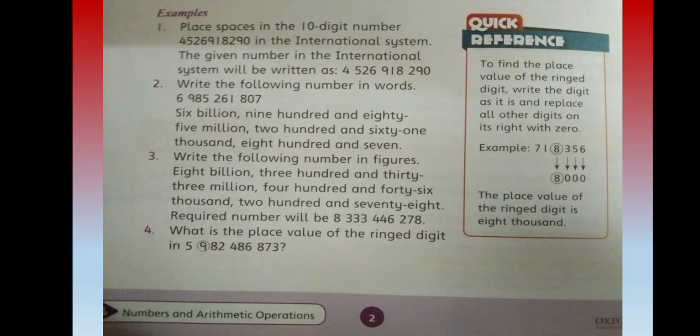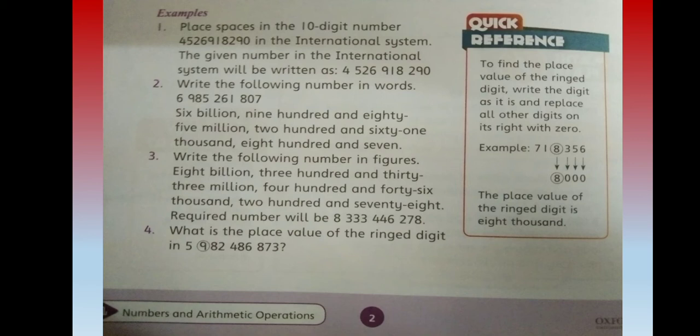Moving to example number 2, write the following number in words. A 10-digit number is given. We have to write it in words. Firstly, we can place this number in a place value chart, and then we can start reading this number as 6 billion, because 6 is under the billions place. 6,985,261,807.